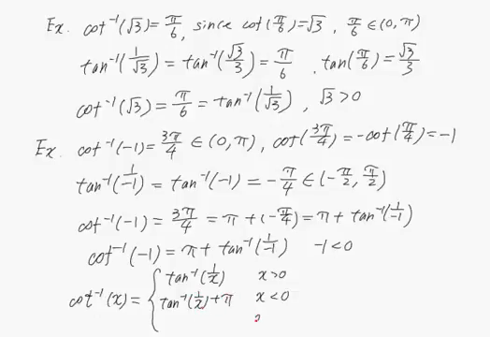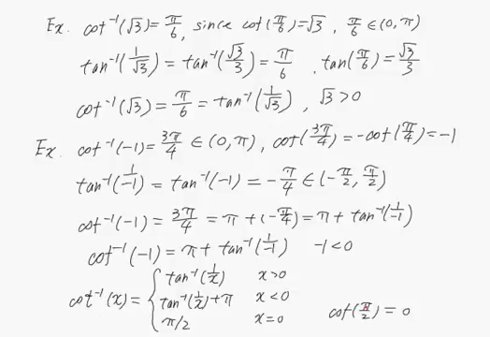And when x is equal to 0, then the inverse cotangent of 0 is just equal to half pi. Okay, because the cosine of half pi is equal to 0, so the cotangent of half pi is equal to 0.